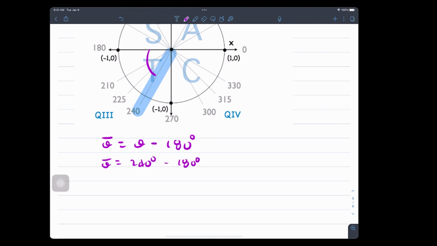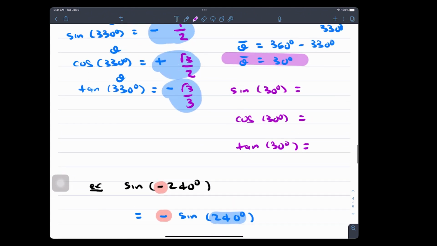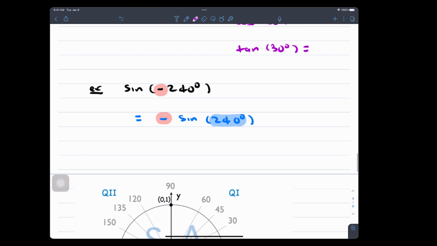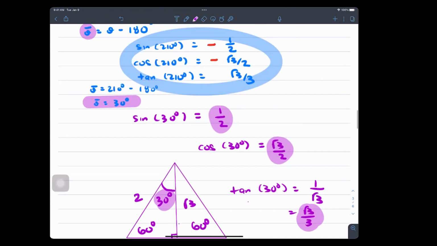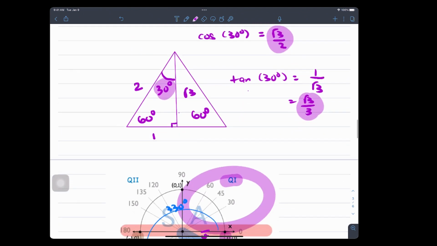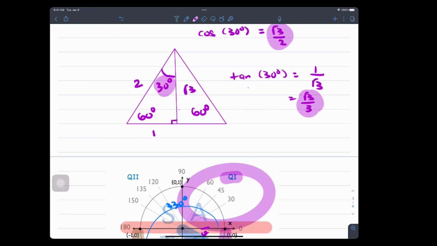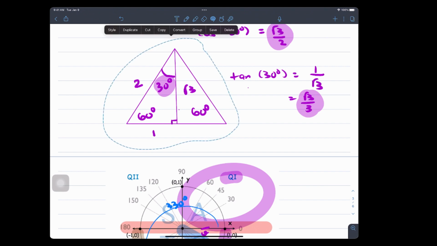What does that give you? So your reference angle is 60 degrees. So bring out your special triangle, right? I guess this is sine. So I just have to know what sine of 60 degrees is.